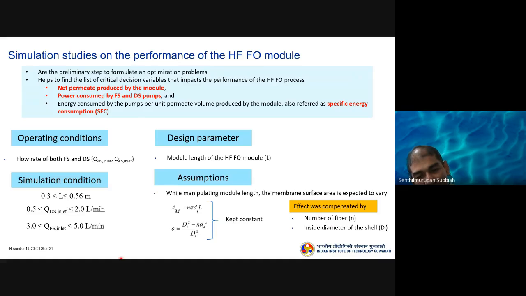So let's say you have a module with this length, and that becomes a smaller diameter, then the diameter will increase, and the number of fibers is also going to increase. Both modules are expected to give a similar performance, because the membrane area is equal. The amount of membrane used to fabricate that module is the same.